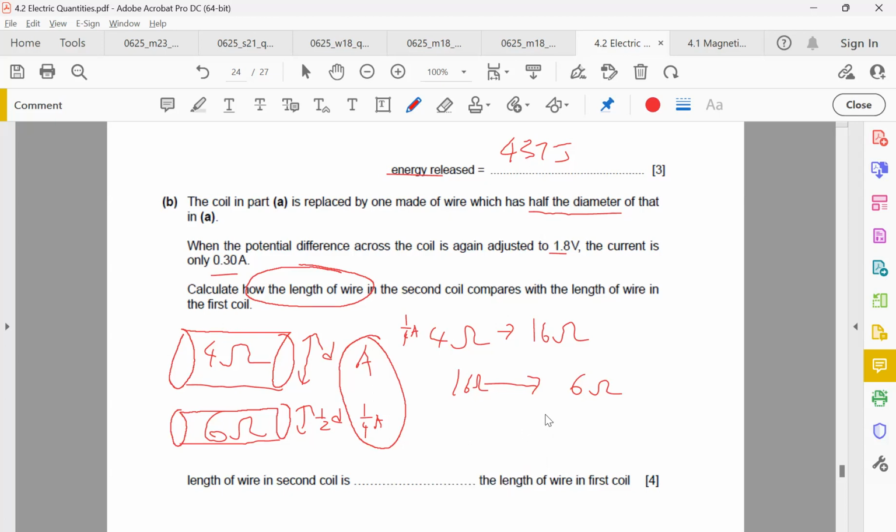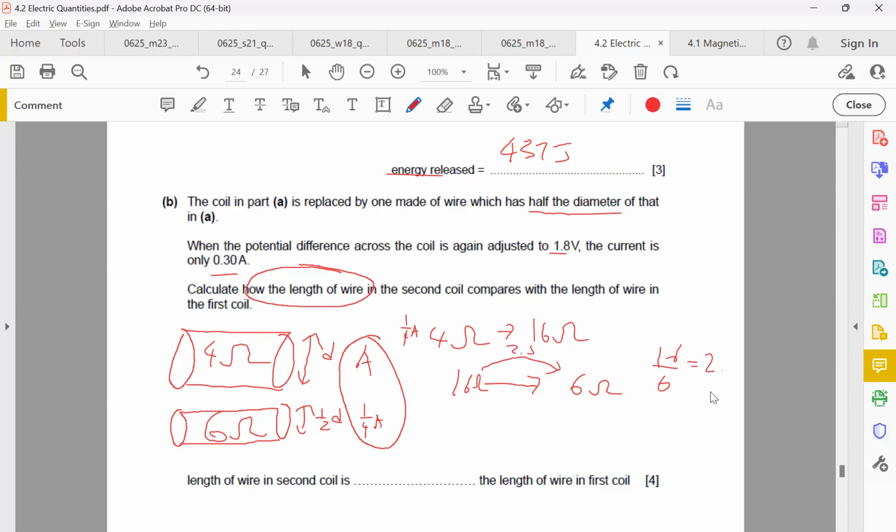16 divided by 6. If I do 16 divided by 6, wouldn't it give me the multiple of 6 to 16? Yeah, you know what I'm trying to say. 16 divided by 6 will give you 2 point something. Are you telling me here to here is 2 point something times the amount?